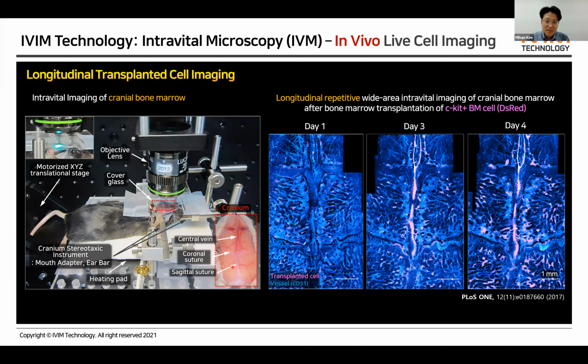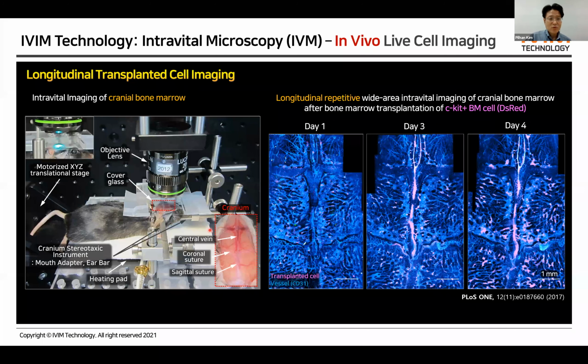Another good thing about intravital microscopy is that it's not just one imaging session, we can repeat it, because the mouse can recover from the anesthesia after a single imaging session. So basically, we can do longitudinal, repetitive intravital imaging of the same animal at the same tissue.